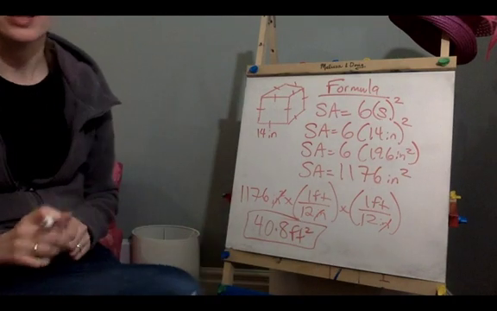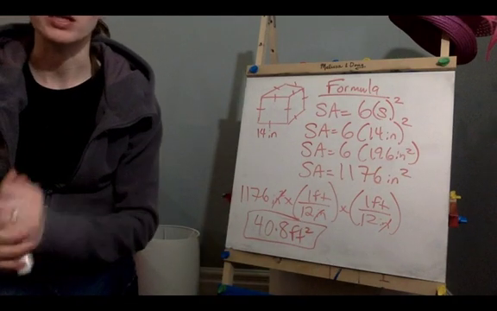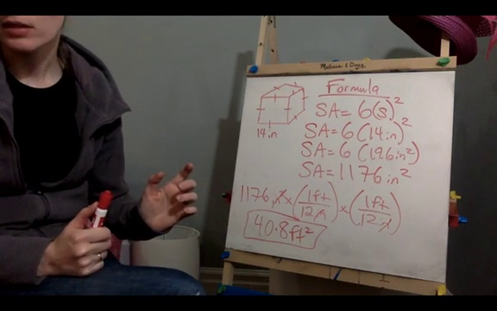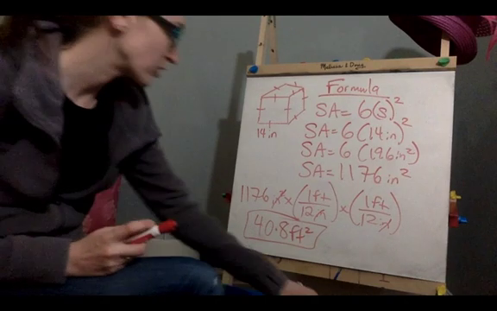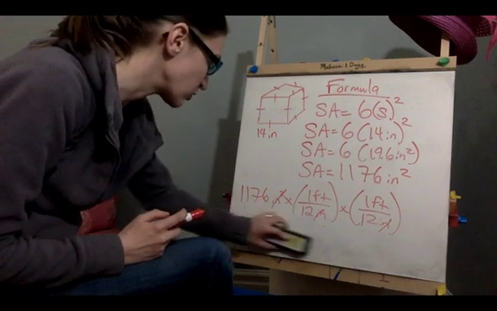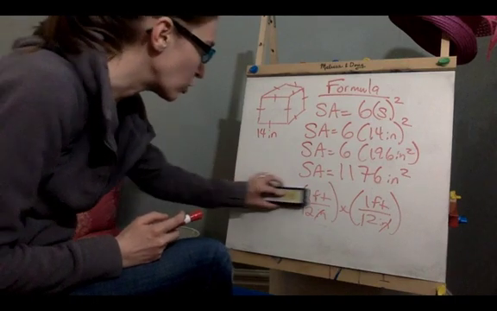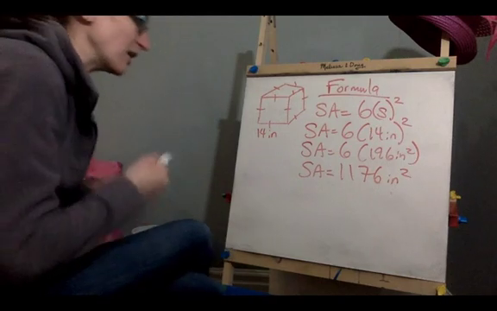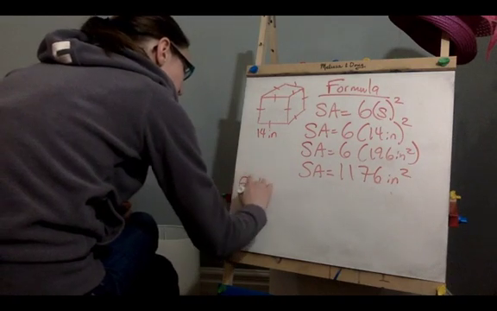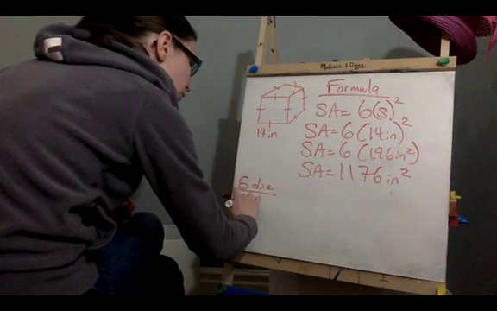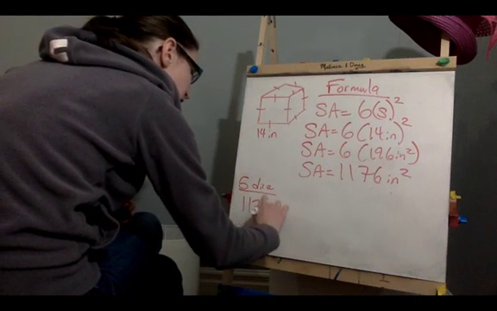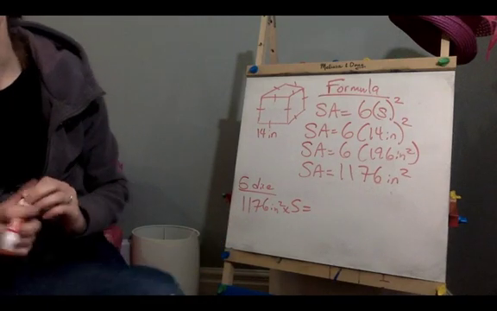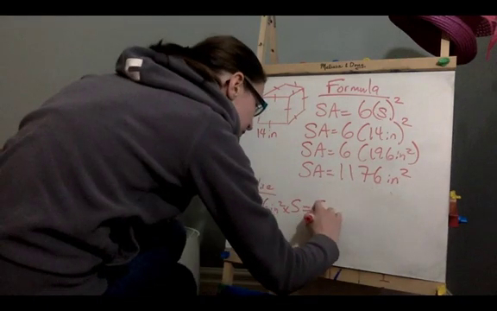Okay, and that's how much cardboard we would need to only make 1 dice. So I actually have done this incorrectly because I was looking at the wrong spot. If we go back, that was only for 1 dice. We need to first multiply this by 5 to get 5 dice. So we would do 1176 square inches multiplied by 5. That gives us 5880 square inches.